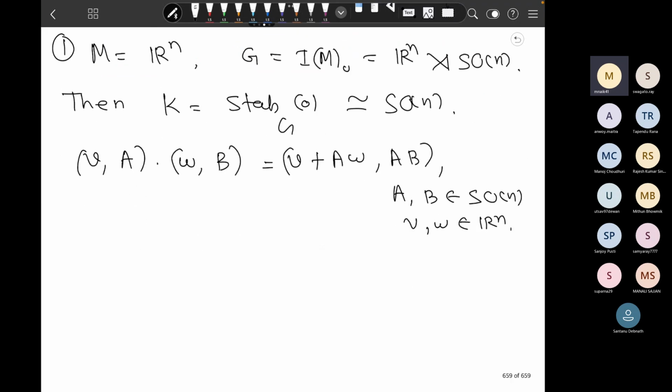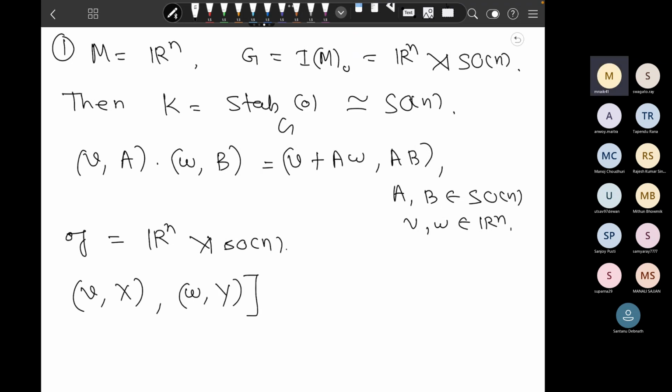So the Lie algebra g is R^n cross small so(n). Now you look at this thing (v, X), (w, Y). This Lie bracket you have to calculate. So this is really (Xw - Yv, [X, Y]).